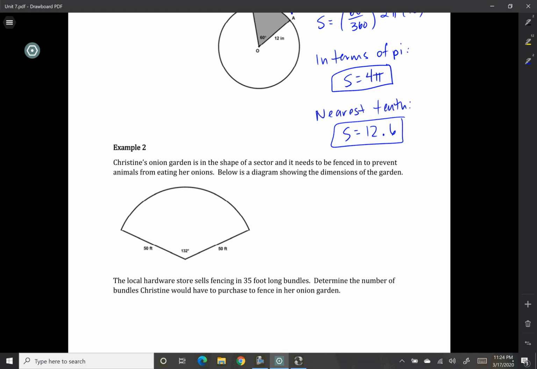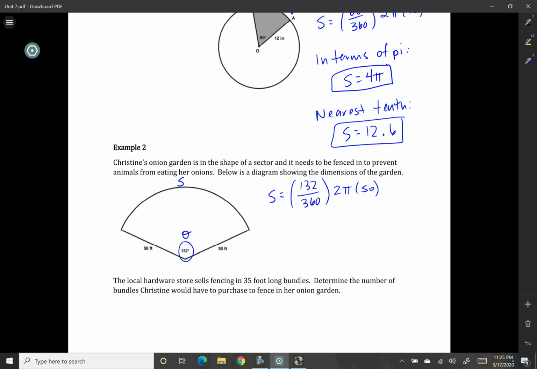We want to know this value, the arc value. Since the central angle is 132, that's my theta. So the S value in this problem is going to be 132 divided by 360 times 2 pi times 50.